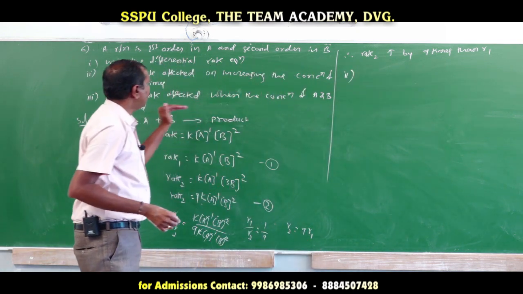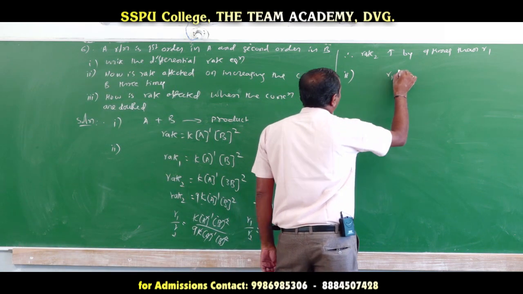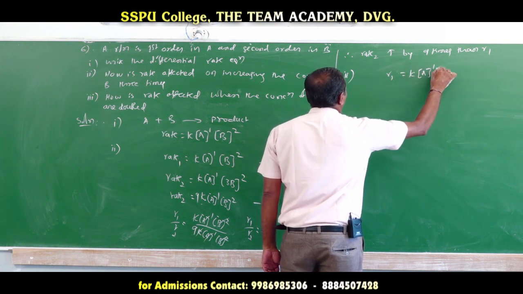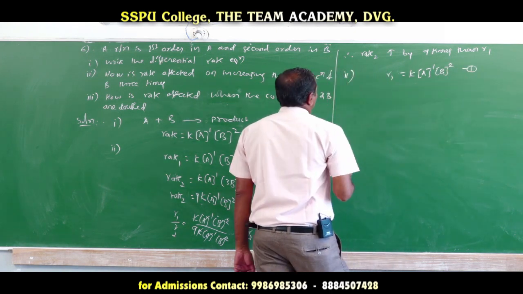Second question. How is the rate affected when the concentration of A and B are doubled? First, rate 1 equals K into A to the power 1, B to the power of 2. This is 1. Okay.